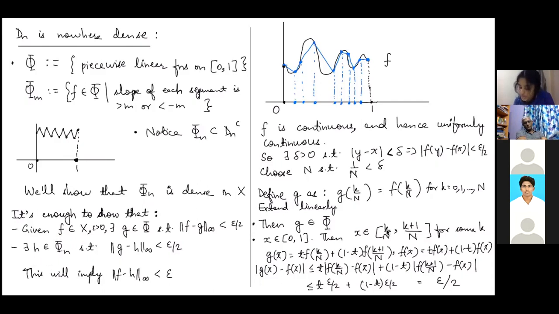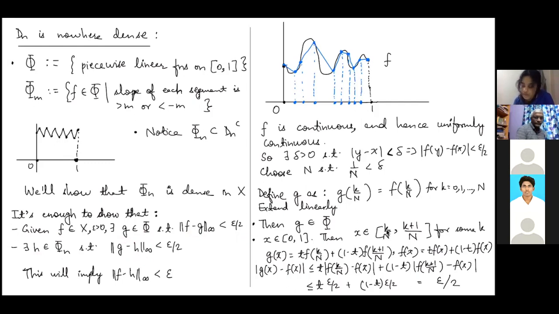We'll first approximate f by some function g in phi, a piecewise linear function such that the distance between these two is less than epsilon by 2. And then we'll find some h in phi n, which is epsilon by 2 close to g.